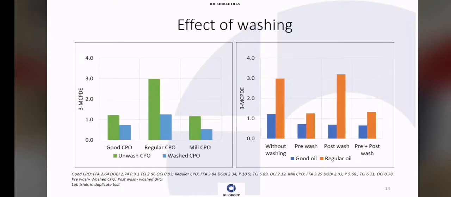Okay, we did some washing of the CPO. On the left-hand side graph, you will see a comparison of 3 sets, which is with good CPO, regular CPO, and mill CPO. Again, these tests were done in duplicate and repeated several times as well, with different quality of CPO. And basically, the trend you can see is just washing the CPO results in lower 3-MCPD levels.